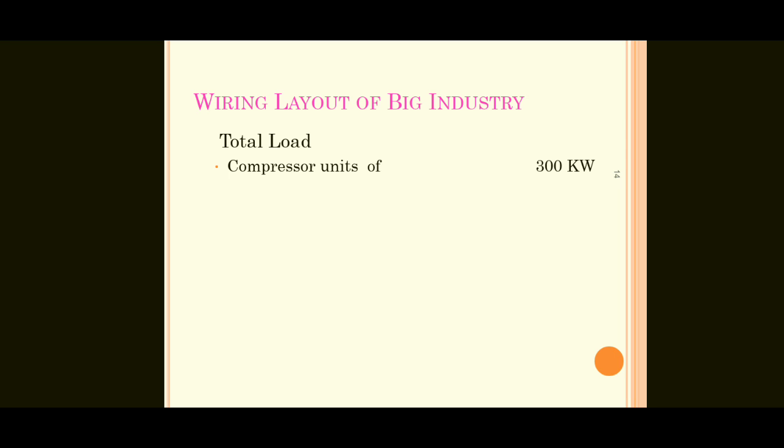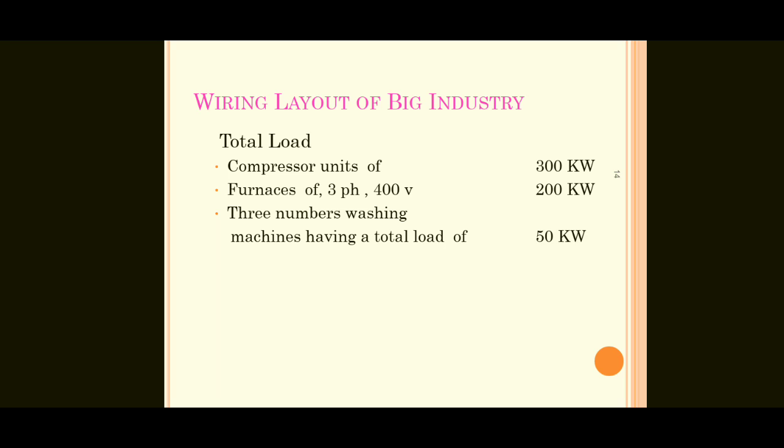Total load: compressor units of furnaces, 3-phase 400 volt; 3 washing machines having a total load of 50 kilowatts; grinder machines 25 kilowatts; sander machines 3-phase 400 volt, 50 kilowatts. So this is for the big industry.